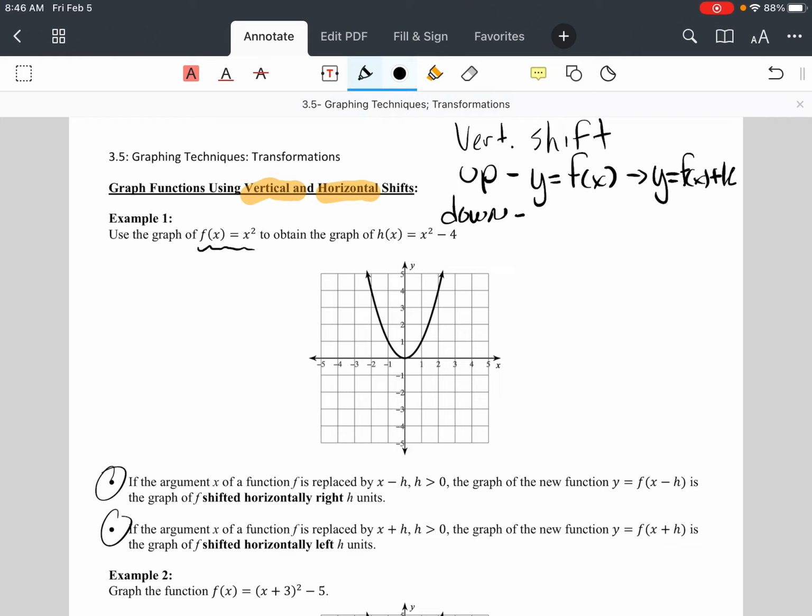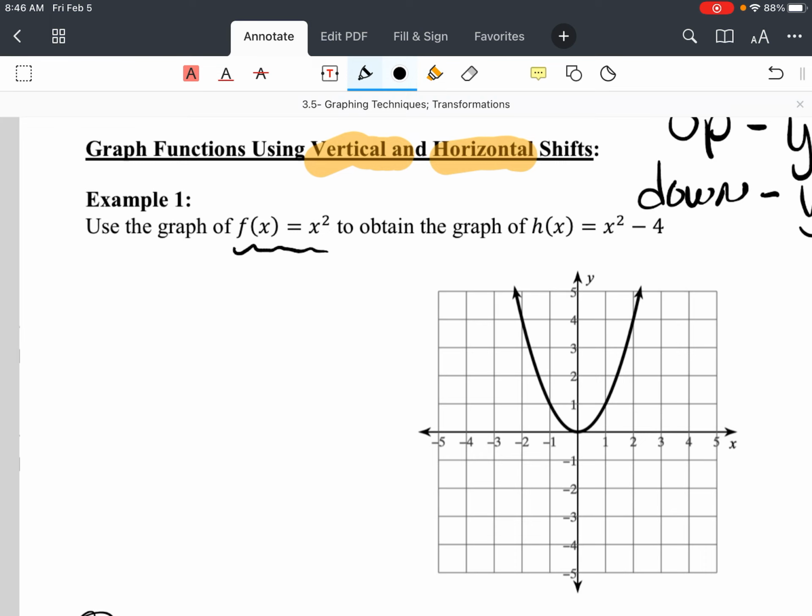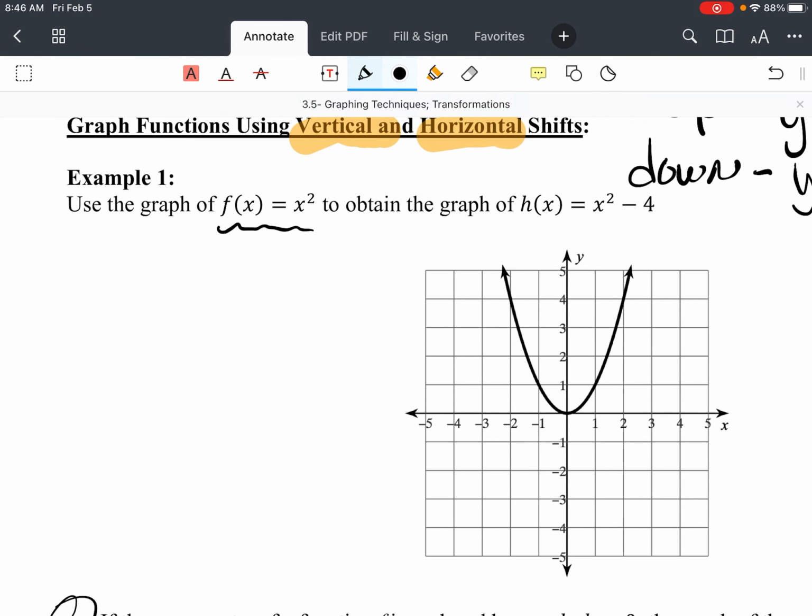So it's a shift up if we're adding k to the end of the function. It's a shift down if we start with y equals f of x and have y equals f of x minus k. That's the key that we're looking for here.